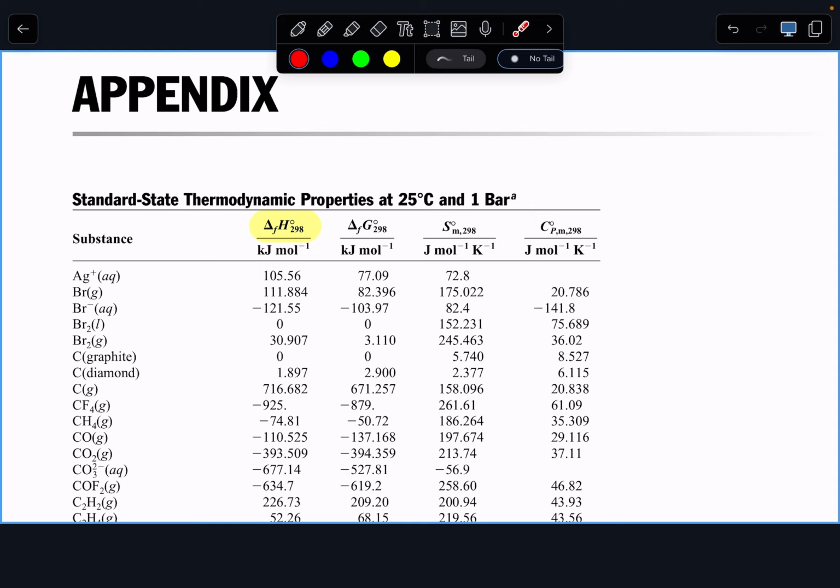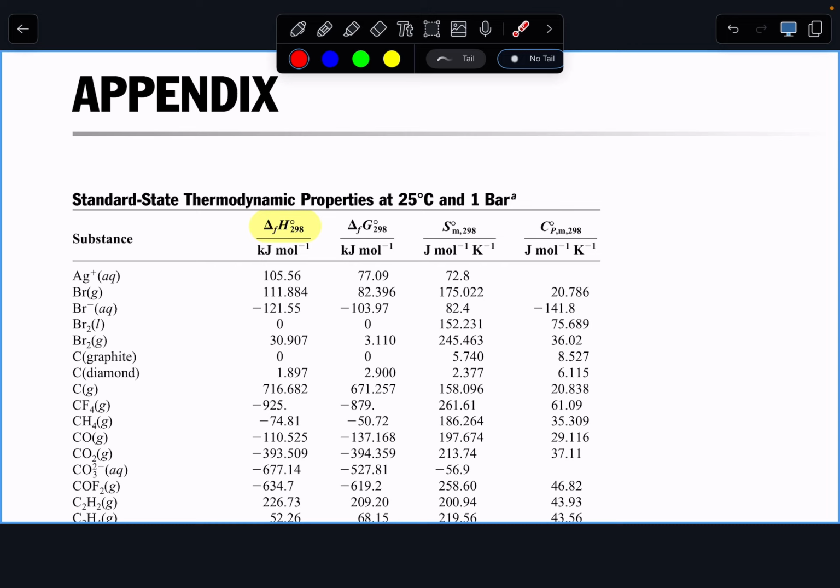Typically, a standard state is defined at 1 bar for liquid, solid, and gas. And this 298 denotes this is the standard state for temperature at 298 Kelvin. You can have different numbers for the standard heat of formation at different temperatures, as long as we have the temperature well defined.